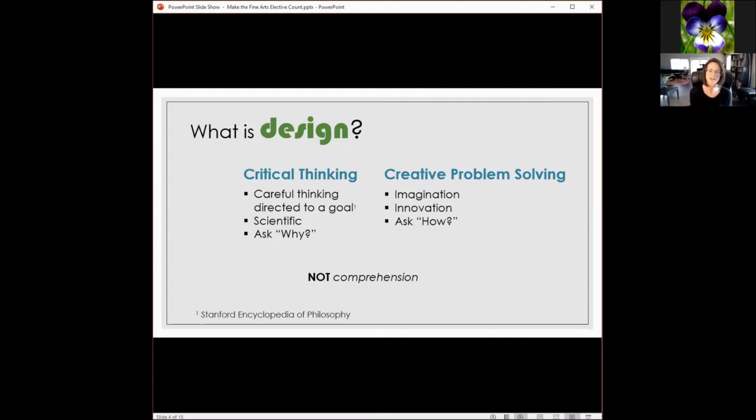How can I do this in a way that meets the goal, but still is interesting, but still holds a lot of excitement? How can I solve this problem? And so this is the essence of what design is teaching students. It's not comprehension, it's thinking skills.